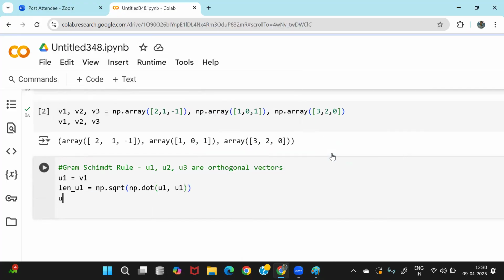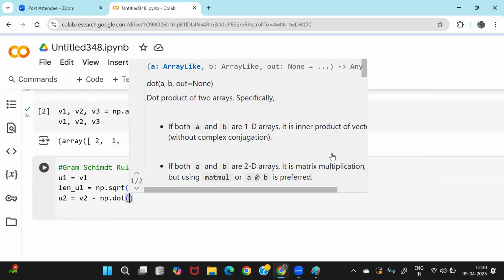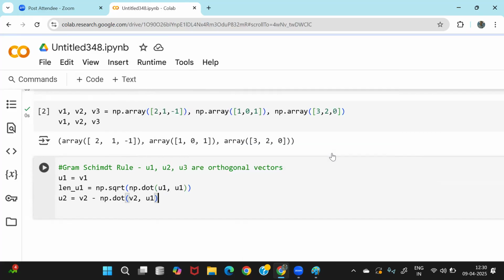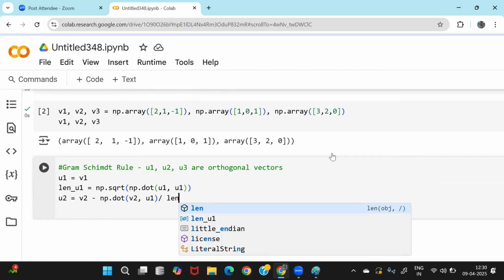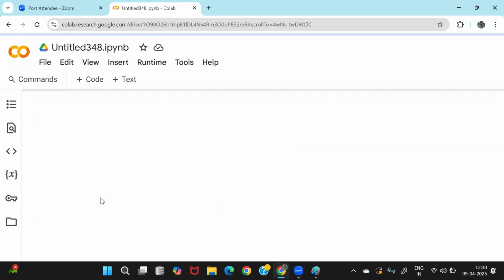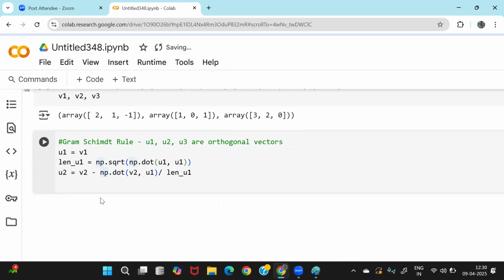Okay. Now then what is u2? u2 is equal to v2 minus dot product of v2 with u1 divided by length of u1, which is a scalar, whole multiplied by u1.